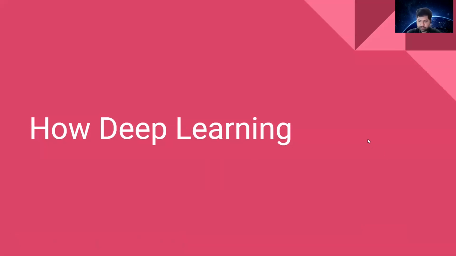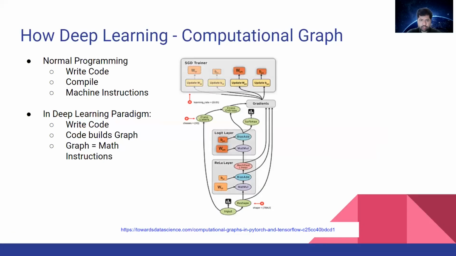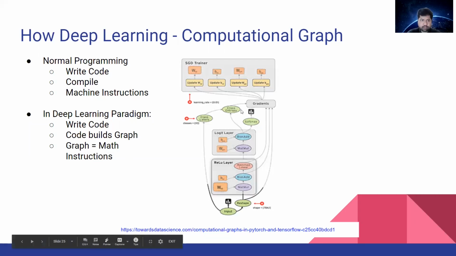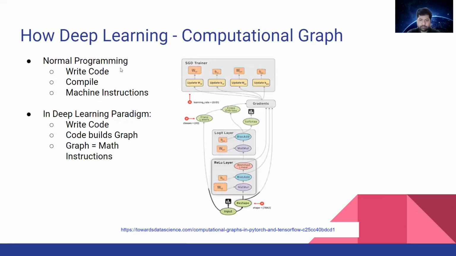So the next step is, how do we actually do deep learning? The main difference that I usually share when differentiating between classical and deep learning application development is how we write code or how we understand programs.